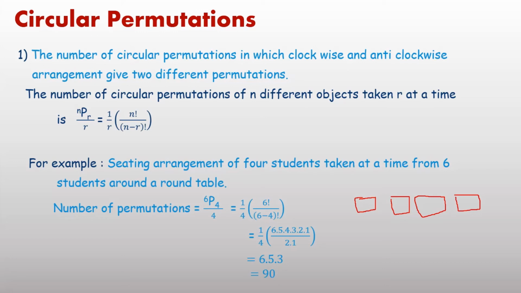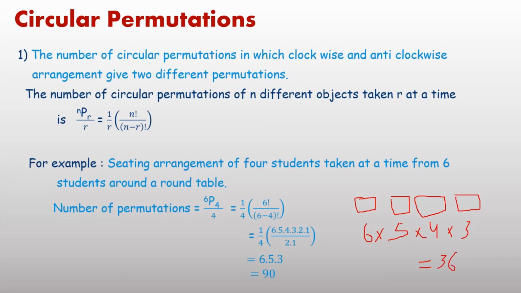Or you can write: first place, how many options do you have? 6 options. Second place, 5 options, because repetition of students is not possible. Third place, 4 options, and fourth place, 3 options. Multiply by the fundamental principle of counting and you get 6 into 5 into 4 into 3 equals 360.